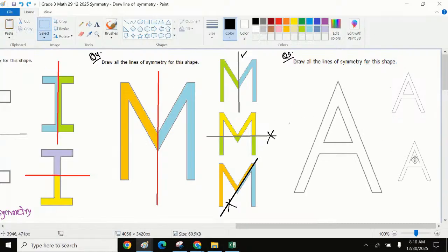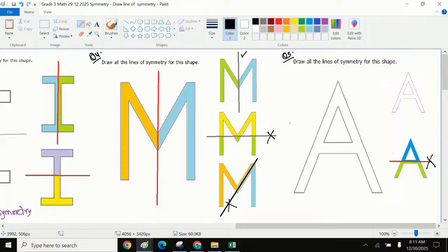Okay, if we have these two shapes on the side, let's try a horizontal line first. If I draw a horizontal line, is the shape below the line of symmetry the same as the shape above the line of symmetry? They look different, right? That means this is not a line of symmetry. A symmetry is always a perfect reflection.